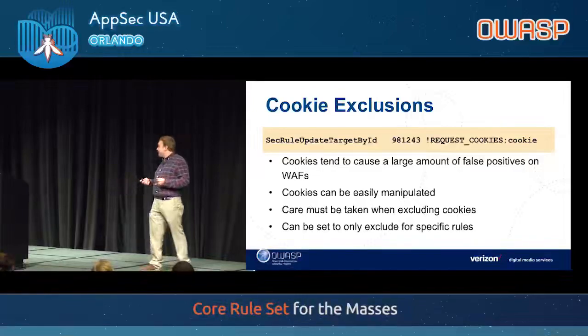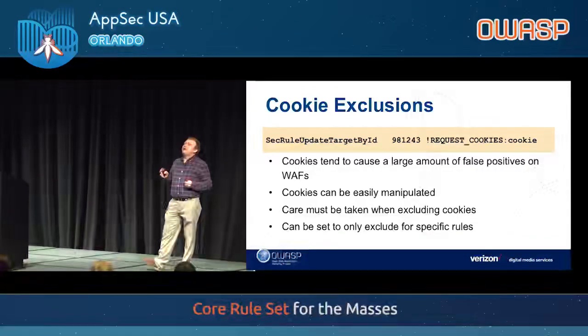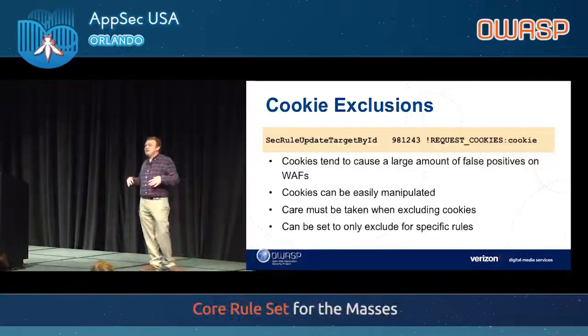With cookies, I've found a lot of times they will flag all across the website, so sometimes it does bode well to globally exclude a cookie, but we still take the approach of going one rule at a time, because again, we don't want to turn rules off, and we don't want to whitelist anything that we don't necessarily need to.